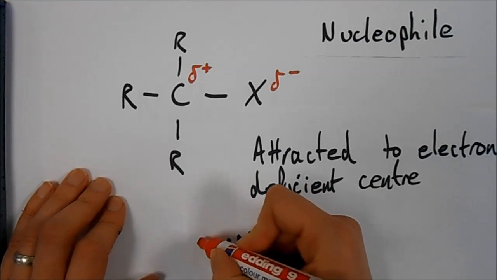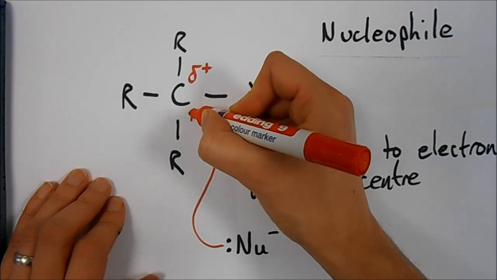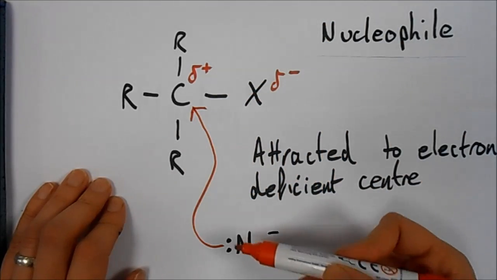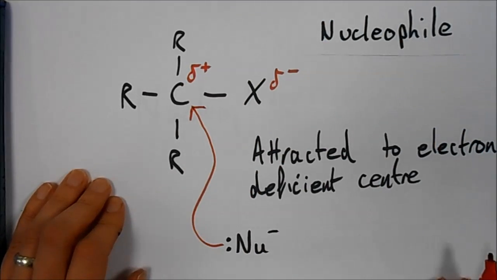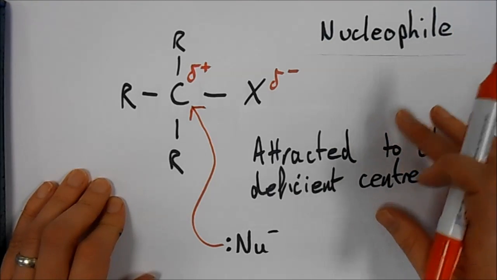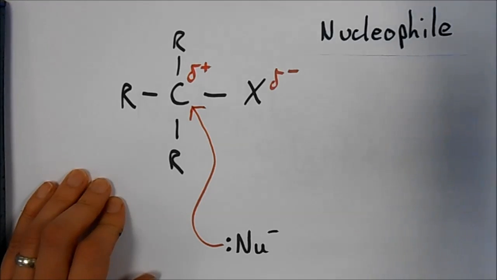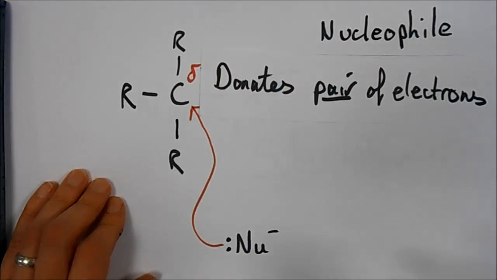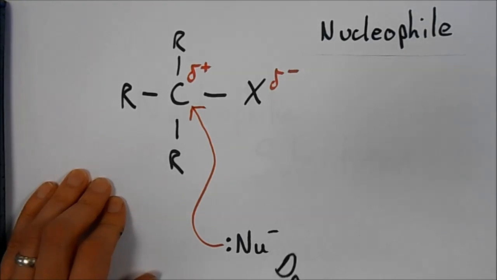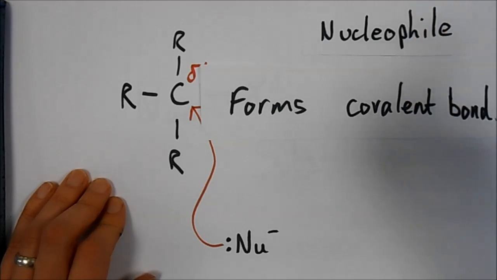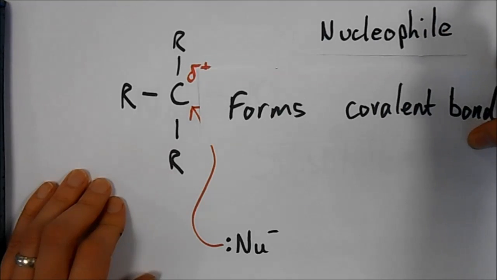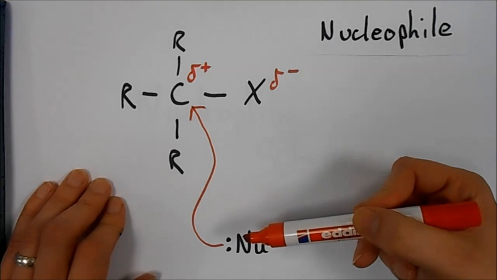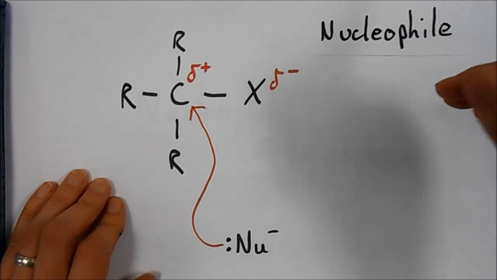We show this with a curly arrow, which shows the movement of that pair of electrons towards that carbon atom. It is going to donate a pair of electrons, which we're showing with that arrow, and then it's going to form a new covalent bond. So there is going to be a bond forming between this nucleophile and that carbon atom.